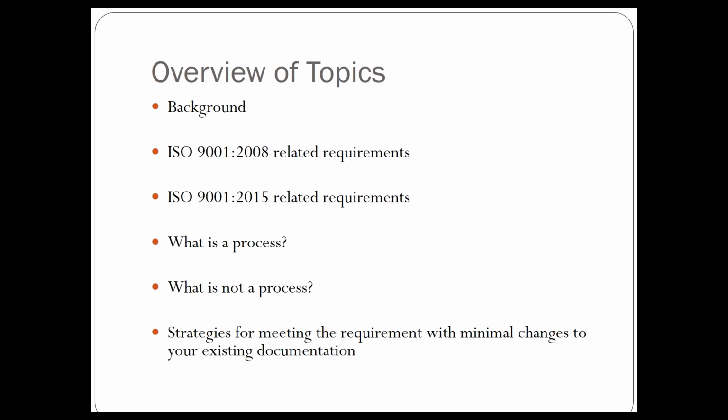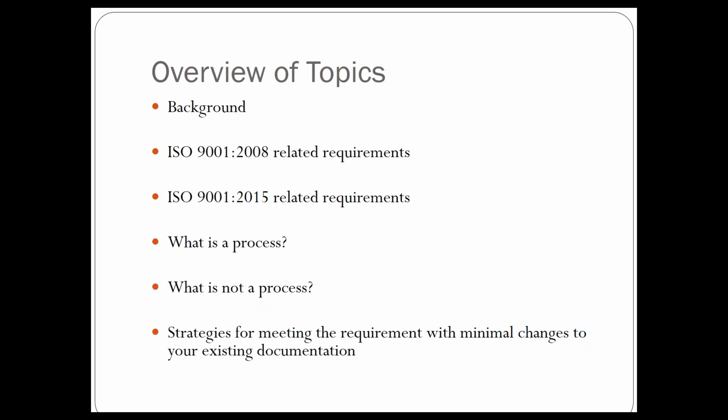Our topics for today, we're going to have a little bit of background information. We're going to review where the requirement for interaction of processes was found in ISO 9001-2008 and where it is currently found in ISO 9001-2015. We're going to take a look at the officially sanctioned definition for a process, and in so doing, get an idea of both what is and what is not a process.